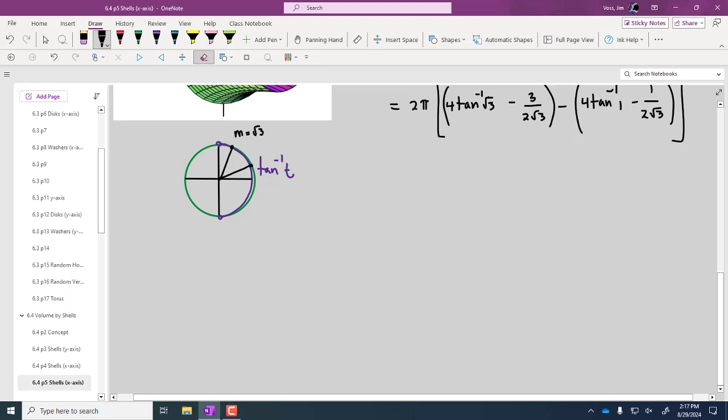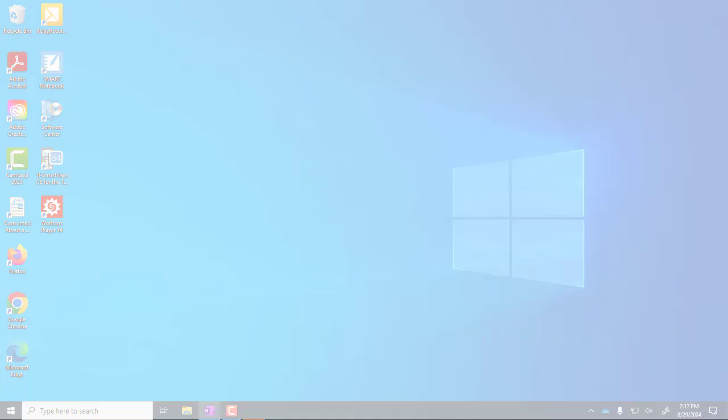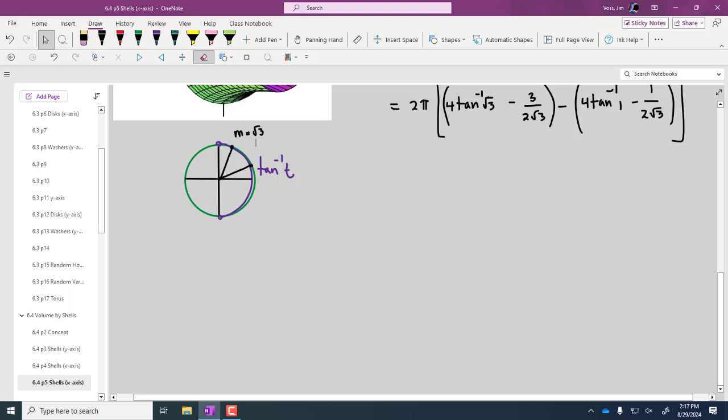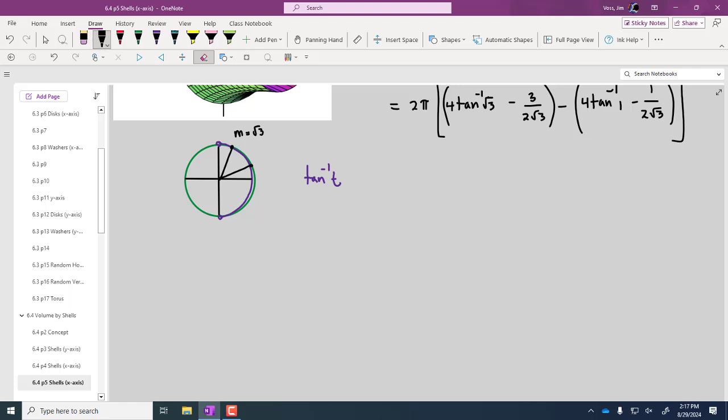Let me move this thing over a little bit. So the slope of that one is root 3. The slope of this one is 1 over root 3, which you could write as root 3 over 3. So on the 12-sector circle, those are the two main slopes.